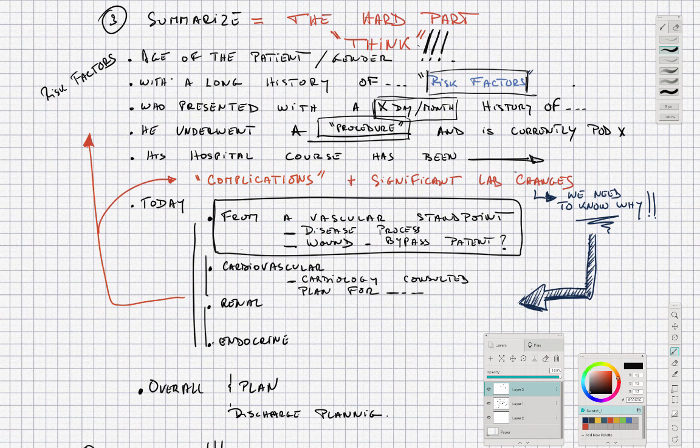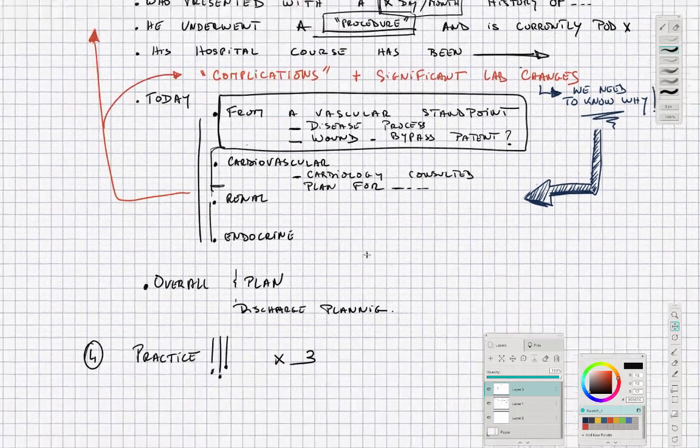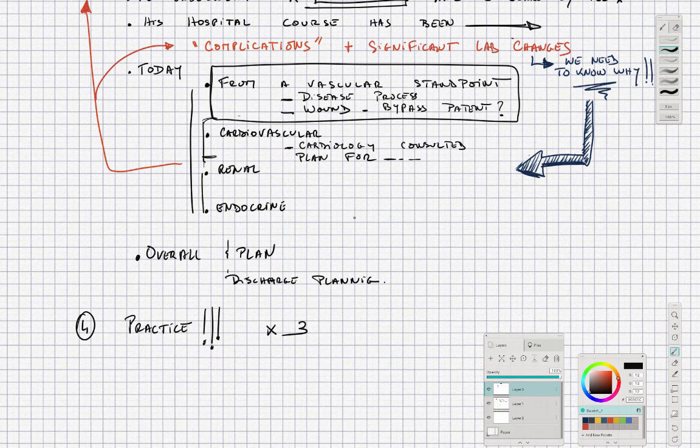And I would go back to the risk factors. If you had to address an issue, let's say this is a patient with coronary disease, renal failure, and diabetes, I would tend to say, well, from a renal standpoint, the patient's creatinine has remained unchanged, his diabetes is well controlled with his current schedule, and so on. And then you finish with the overall plan and discharge planning.